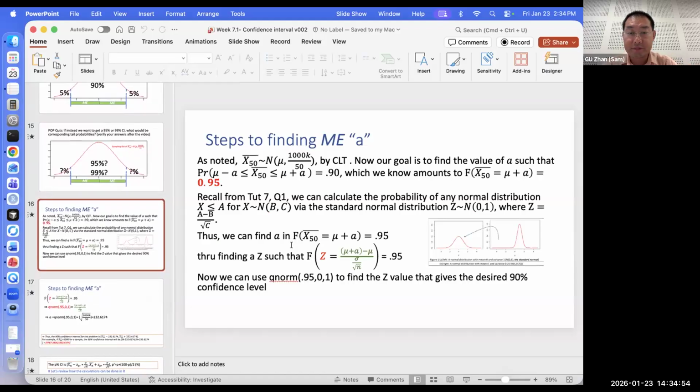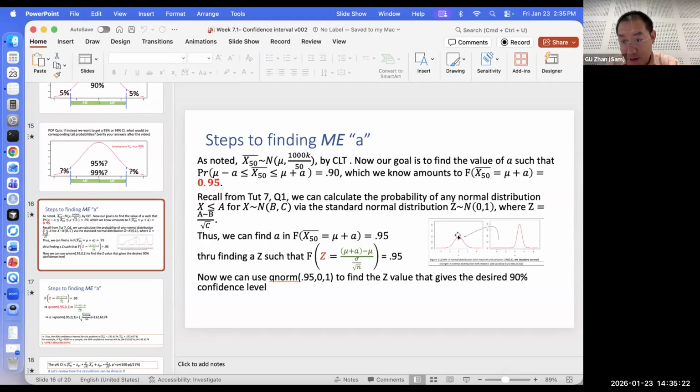For the probability, F is the CDF, the cumulative distribution function. We want a value equal to 0.95. Then what is this alpha? If one side is 2.5% and the other is 2.5%, that is 95%. To achieve 90%, you will find 5% to the right and 5% to the left.